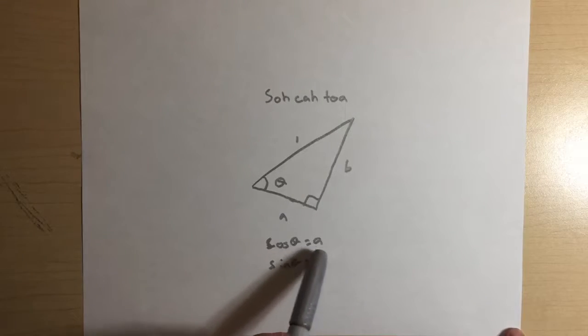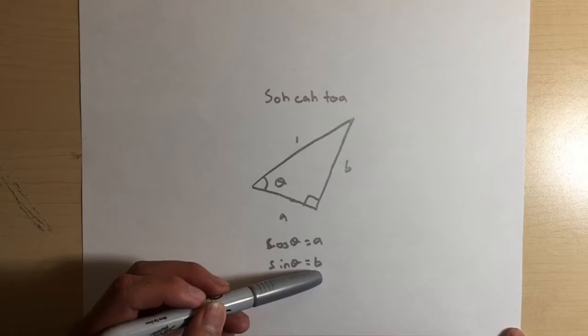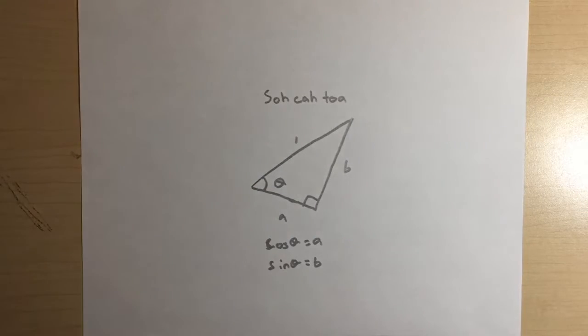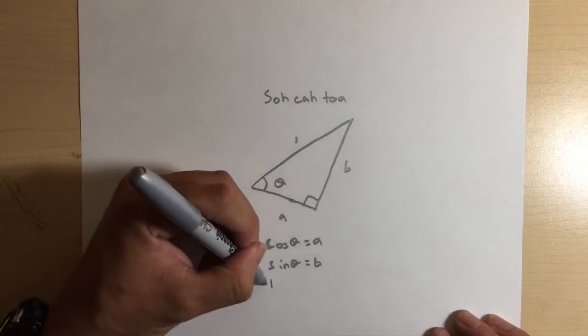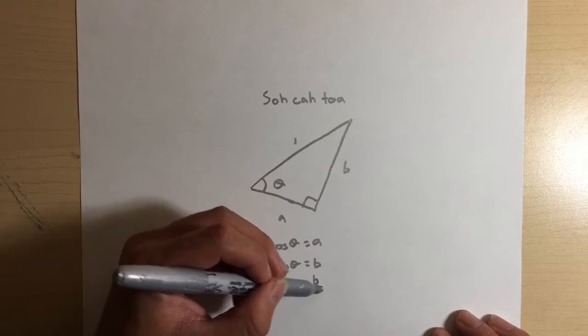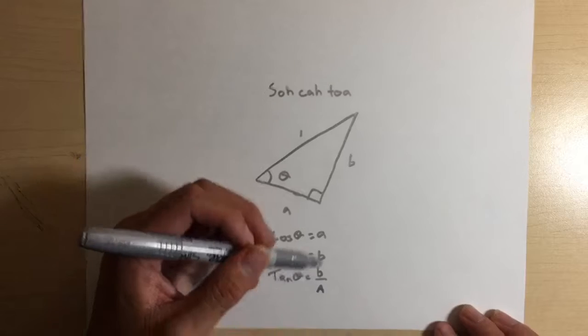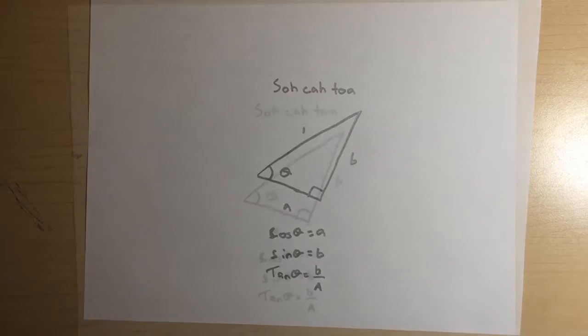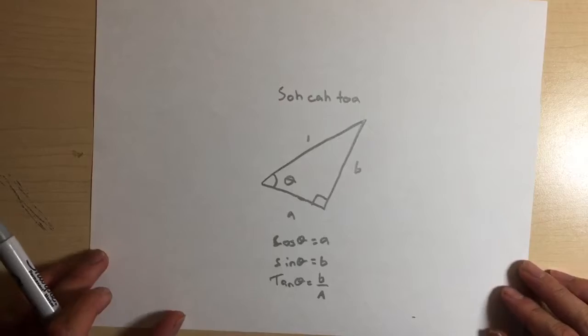So cosine theta would equal A, sine theta would equal B if this was A over 1 and B over 1, and tangent theta would equal B over A. And this is fine for a regular trig function, so this way of doing it would be fine.